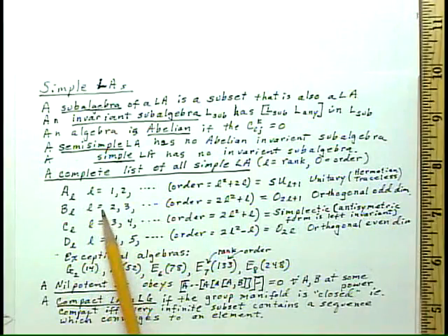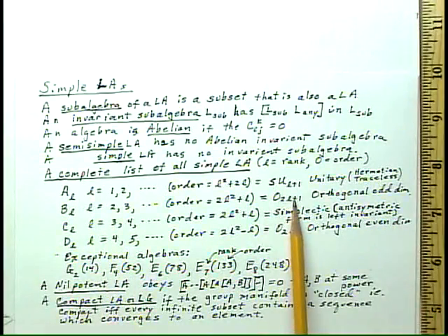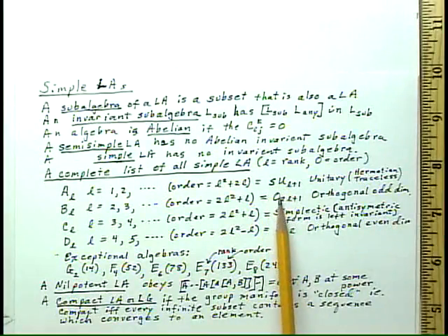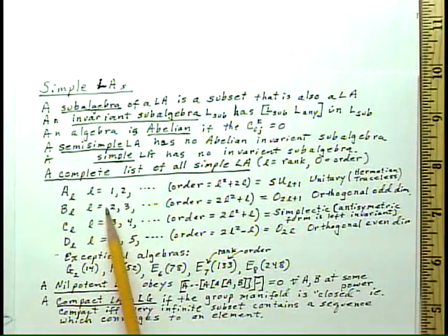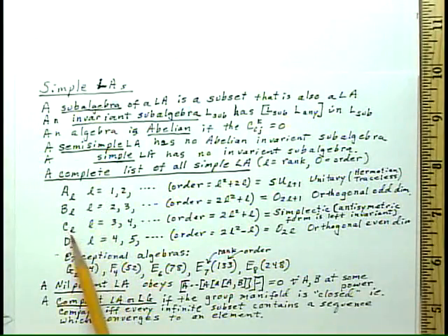However, L=1 is not listed here because O(3), the orthogonal group in 3 dimensions, is isomorphic to SU(2). So this B1 does not appear because it's isomorphic to SU(2), or A1. We would be repeating ourselves if we listed it here also.